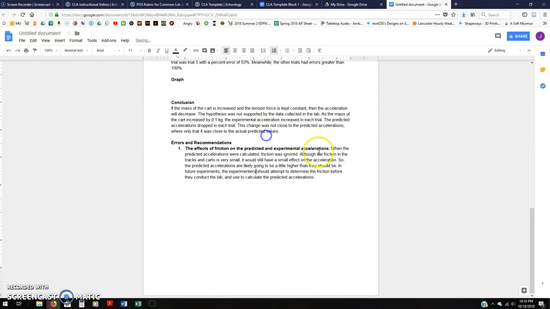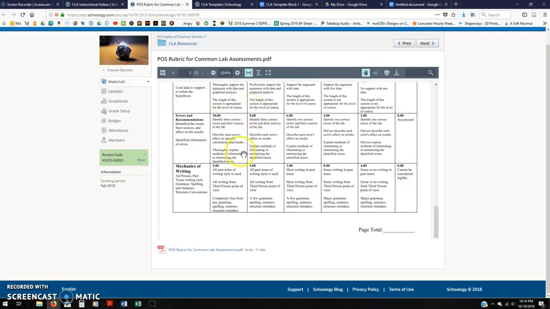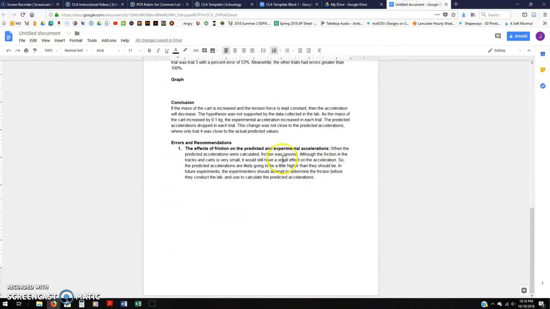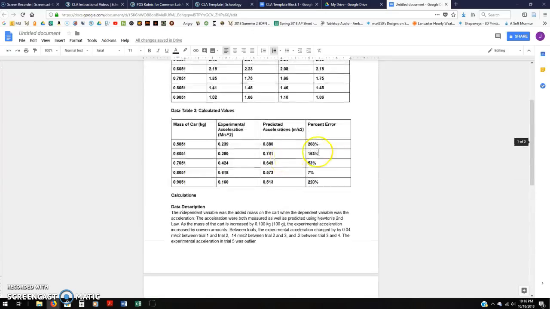Alright, and when we look back at our rubric, I think that's this one here, so far we've identified one correct error and the source of it in the lab, friction. We described how it's going to affect the results and also the calculations, because what we said here is that the predicted acceleration will be too high, and this would also affect our end percent error as well.